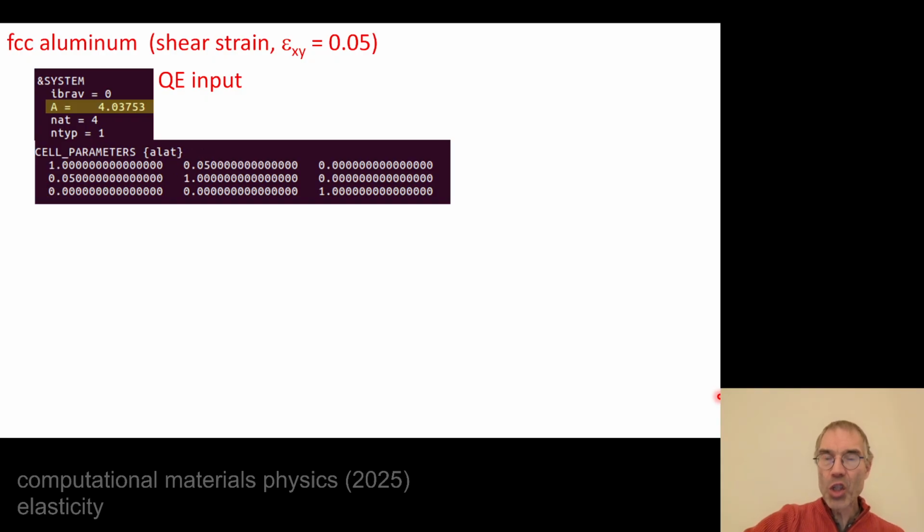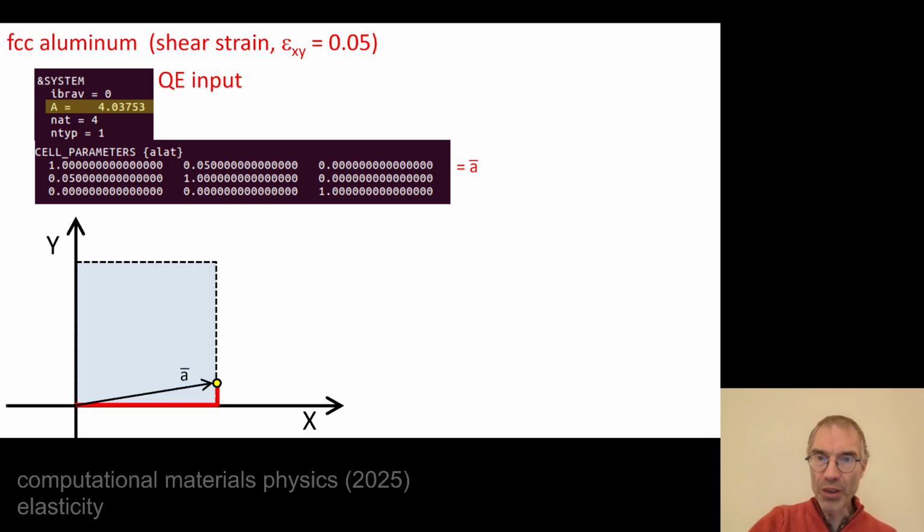Now I add shear strain. I will shear the crystal in the same way as that square that was shown a few slides ago. And that is done by adding these 2 off-diagonal elements to the cell parameters matrix. How can we see what happens?